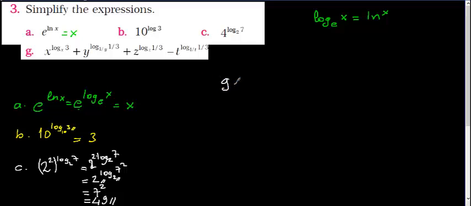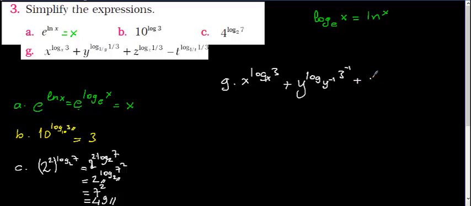For G: x to the power of logarithm base x of 3, plus y to the power of -1 to the power of logarithm base y of 3, it should be written like this.